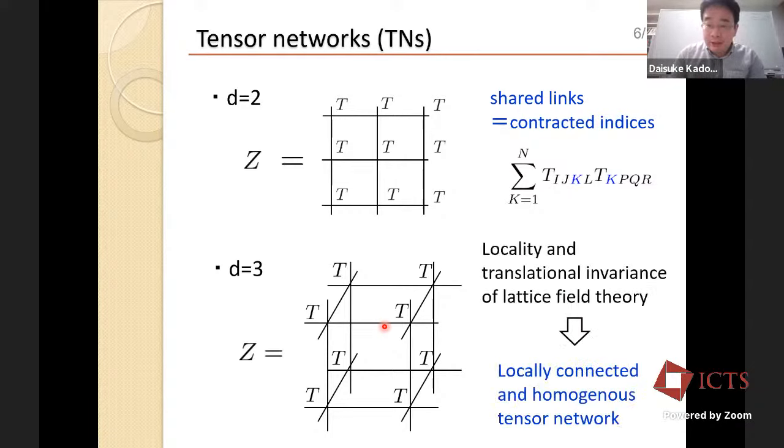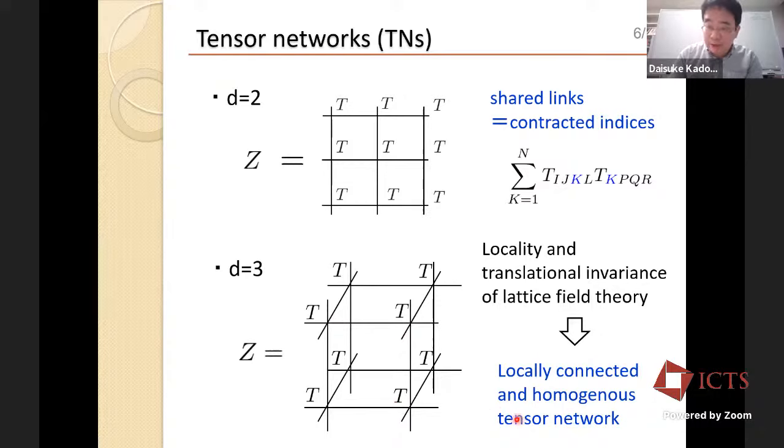And the lattice theory has locality and translational invariance. So the obtained tensor network is a locally connected and homogeneous tensor network. Locally connected means each tensor is connected only with the nearest neighbor tensors.